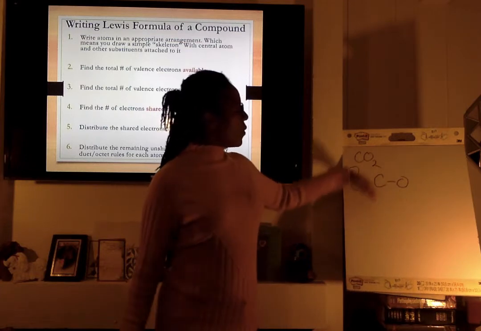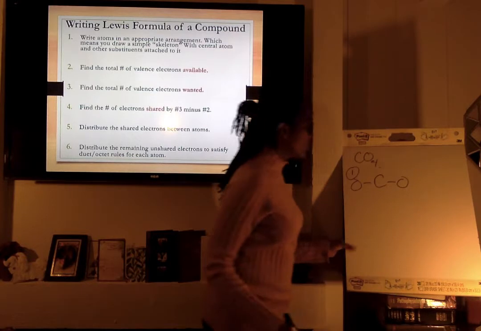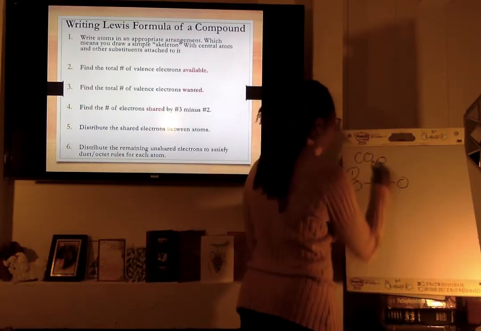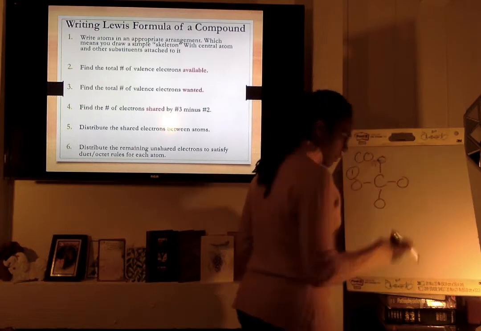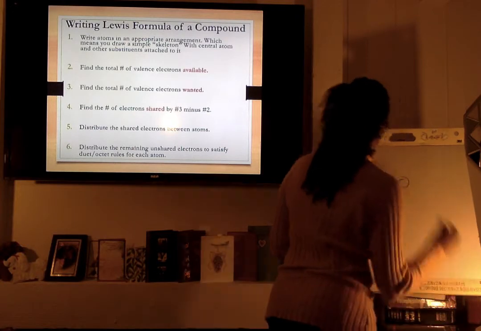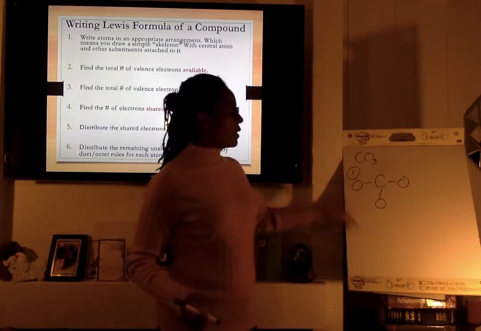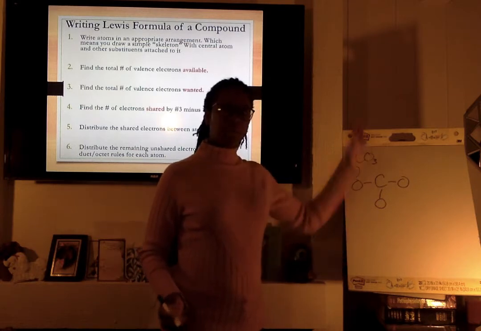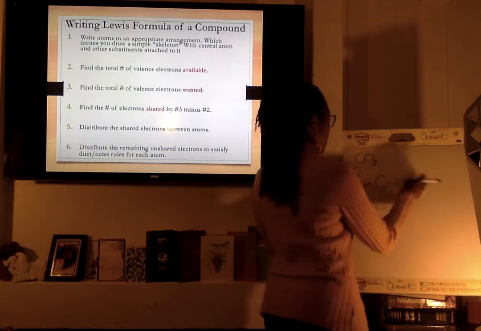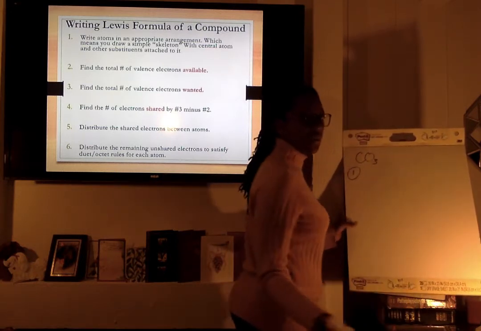If you had more than that, let's say CO4, with 4 oxygens, you would want them across from each other. Or if you had 3, you would still want them to be in this perpendicular shape. So you're always going to have these 4 planes that they're drawn on, just an FYI. So when it says draw the skeletal structure, that's what you would be drawing.